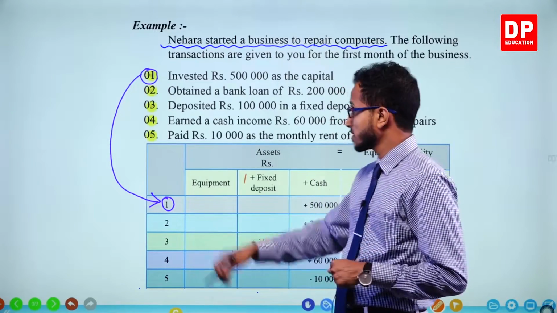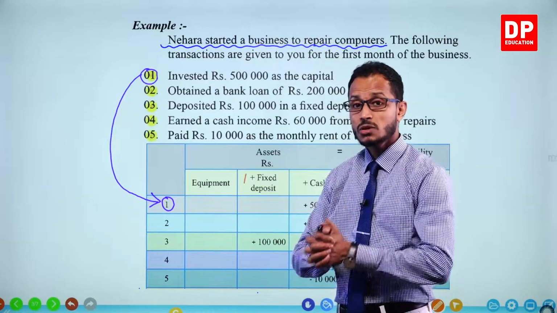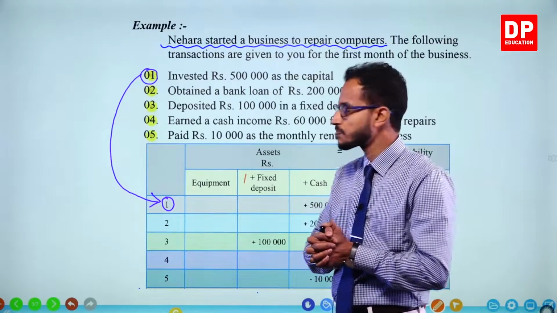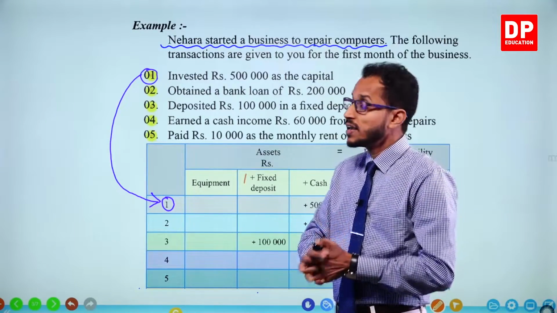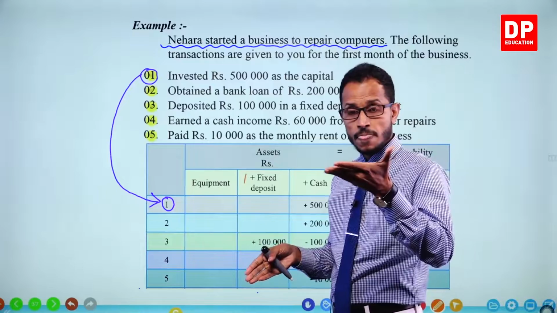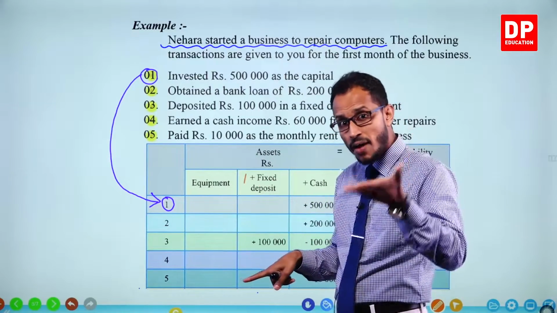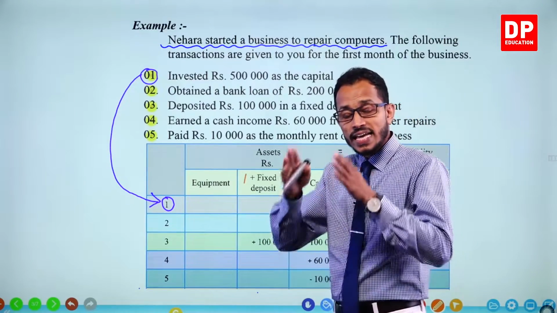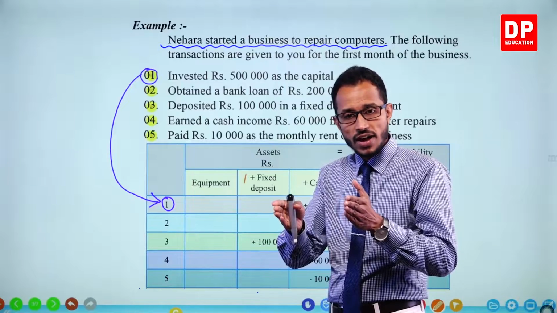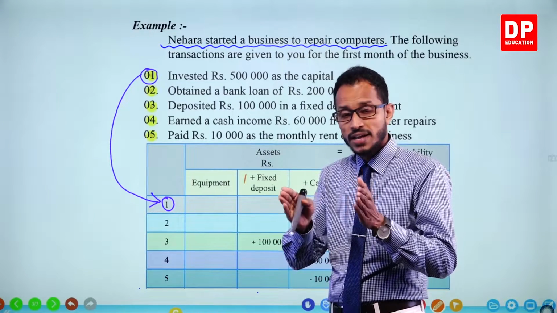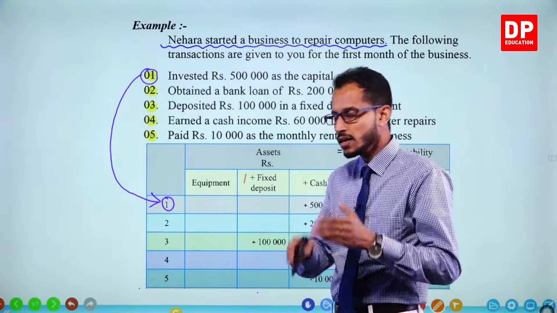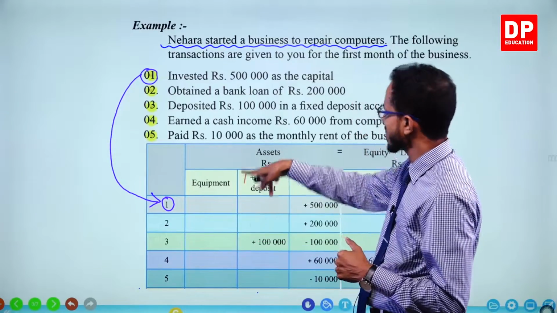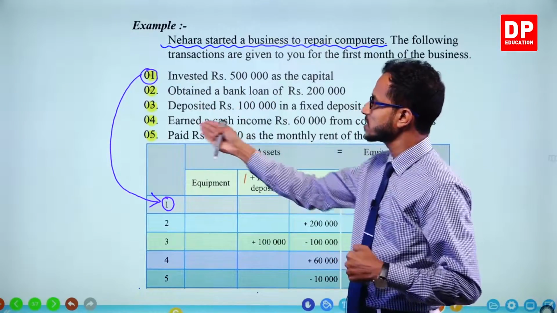You will probably get this type of an accounting equation question in the exam. There's a probability. If you get this type of a question, children, in the exam paper, they might provide a table similar to this. They might say, use the accounting equation as shown below to record these transactions.